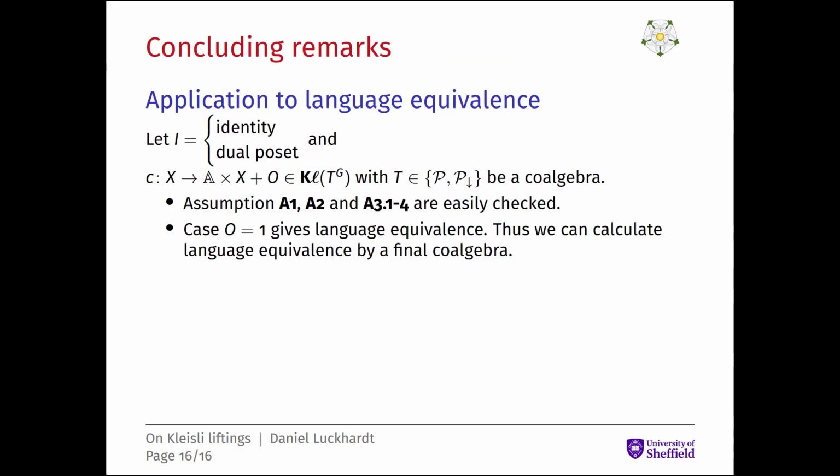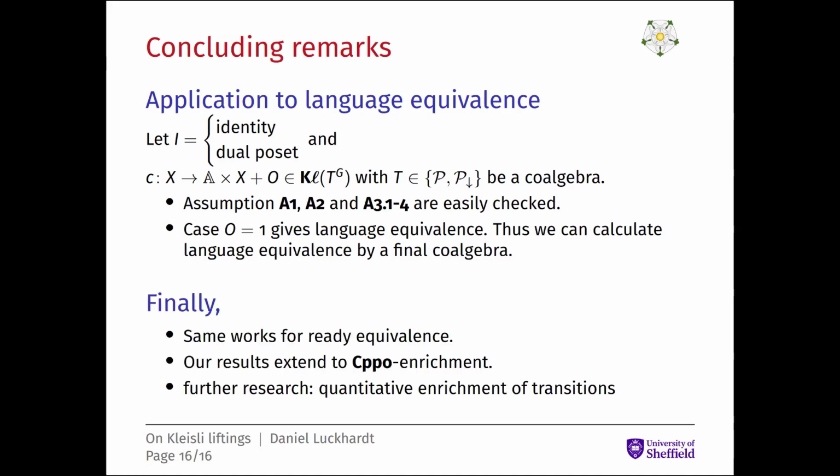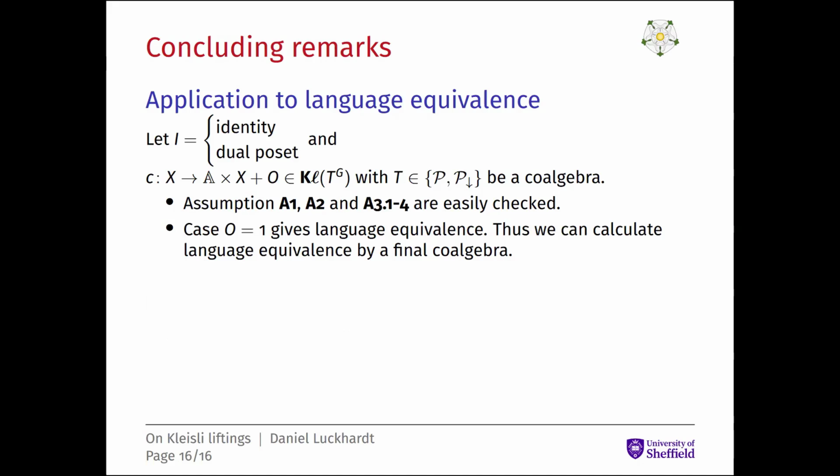These assumptions are easily checked, and for Set, if I set O to the singleton, then we get language equivalence for CTS, these conditional transition systems we are interested in and that are new. But we are also able to define ready equivalence.